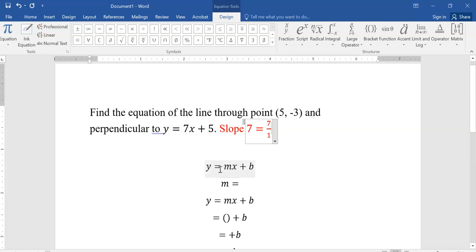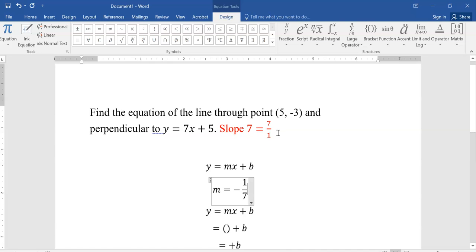So I want my line to be perpendicular. That means, again, the slope needs to be the negative reciprocal. So I'm going to negate 7/1, and then I'm going to flip that upside down. So -1/7 is going to be my slope. All right. So again, negative reciprocal for perpendicular lines.